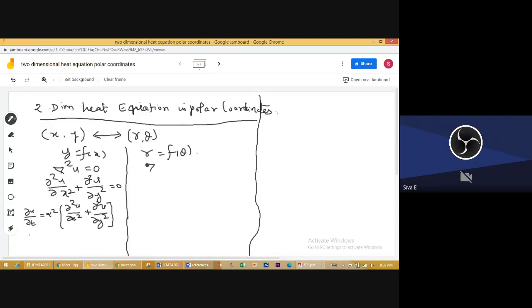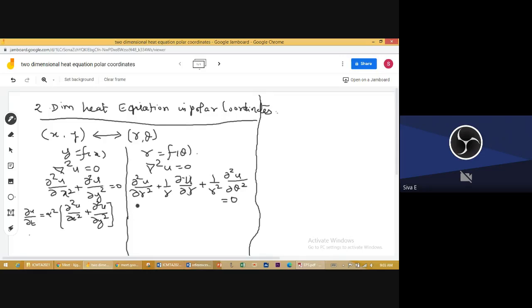Whereas here we can write del square u equal to 0, same thing, but the equation is dou square u by dou r square plus 1 by r dou u by dou r plus 1 by r square dou square u by dou theta square, that is equal to 0.